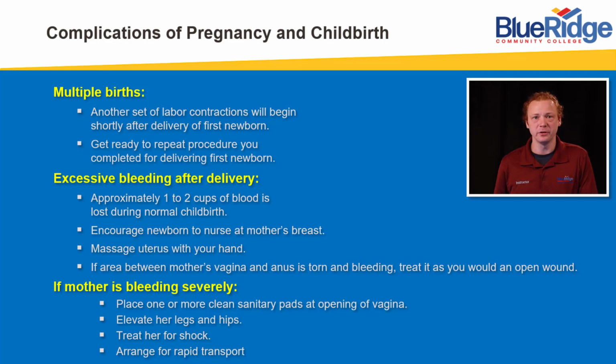Also, massaging the uterus externally can help stimulate the uterus to contract and stop bleeding as well. If the area between the mother's vagina and anus is torn and bleeding, treat that like you would any other open wound. You can use clean sanitary pads as your primary dressing.